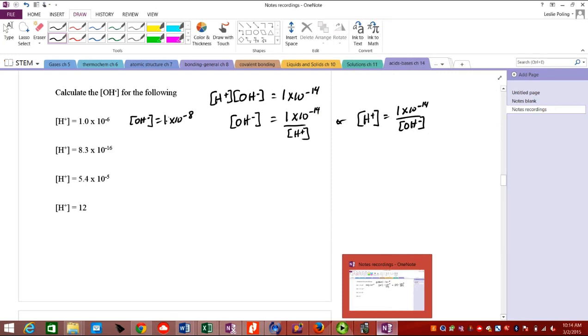Well, actually, it should be 1.0 since that was 1.0. Notice if a coefficient is 1, then the other coefficient is going to be 1.